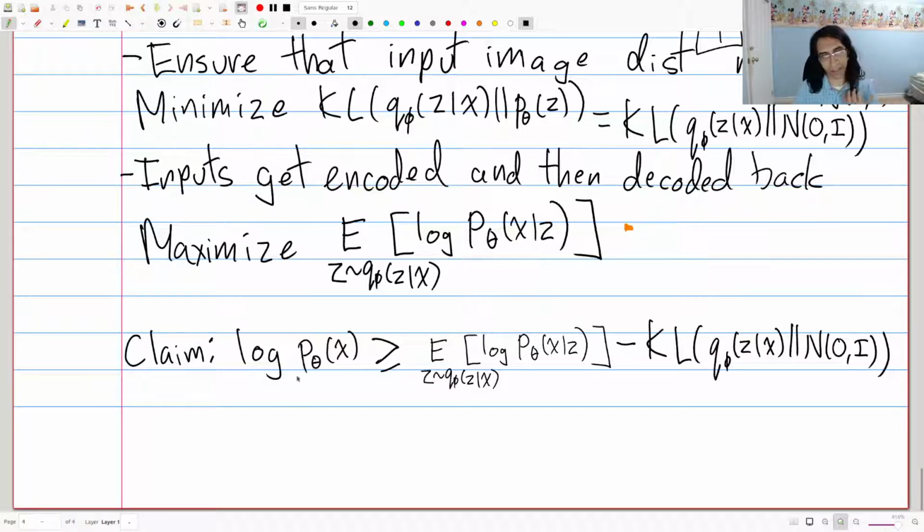What this essentially says is that the log of the density that the decoder network assigns to the particular point x is greater than these two terms which we just explored. And what does this actually mean operationally? It means if you want to maximize this term on the left, and we do want to, because remember, this is exactly what we're doing when we're doing maximum likelihood.